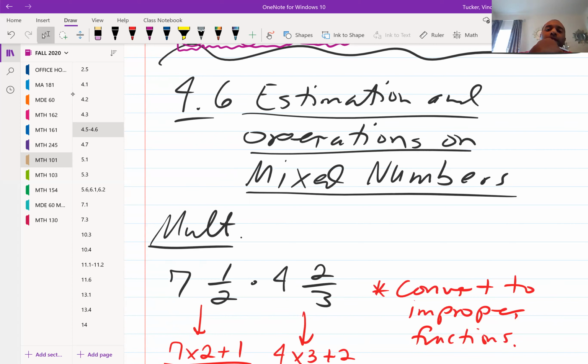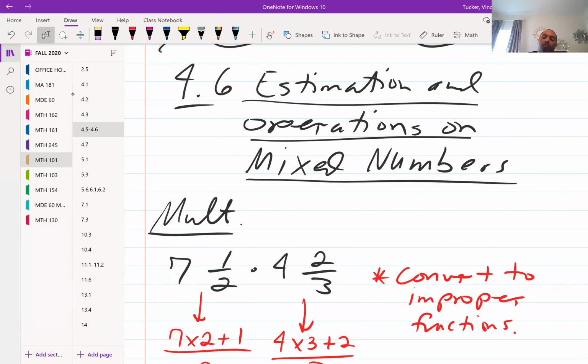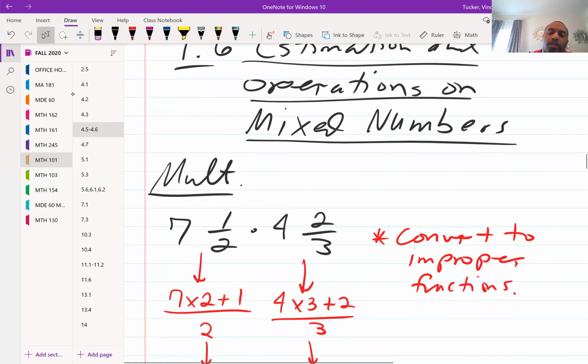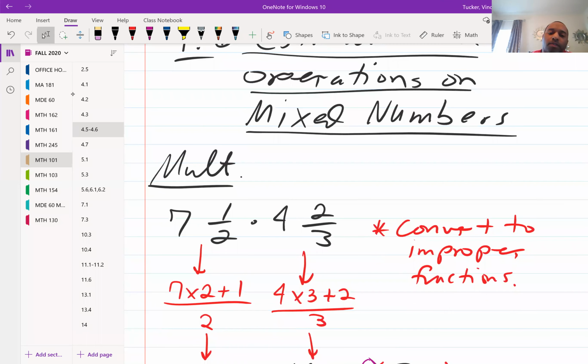All right, so 4.6, estimation and operations on mixed numbers. So if we're looking to multiply 7 and 1/2 by 4 and 2/3, first thing we should do is to convert them to improper fractions.